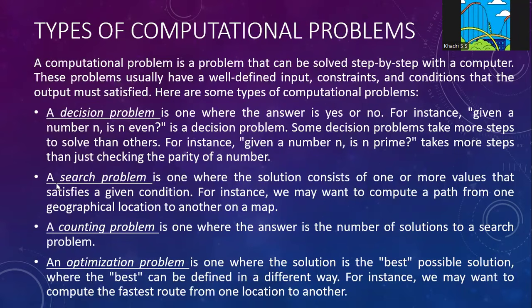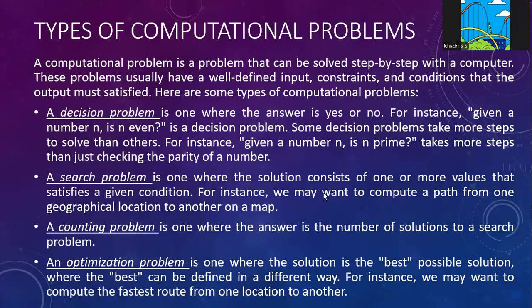Next, a search problem. A search problem is one where the solution consists of one or more values that satisfy a given condition. Those values must satisfy the given condition.